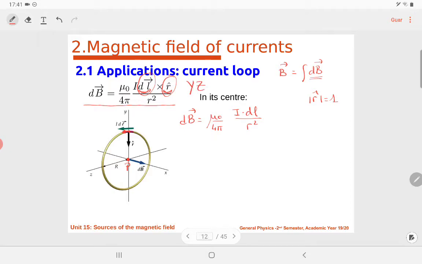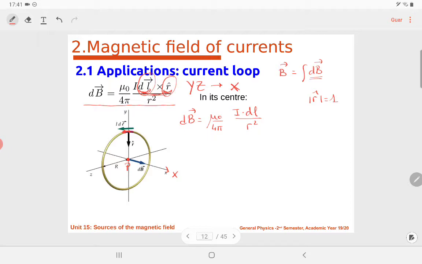Okay, so the cross product between these two vectors has to be in the x direction. To know if it's in the positive x direction or the negative one, you can use your right hand.